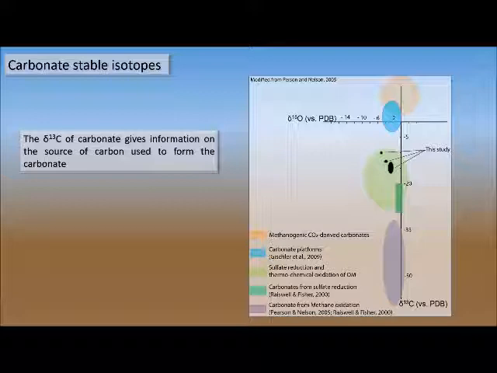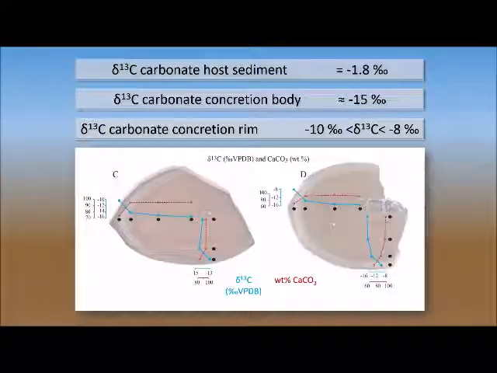So let's look at it. While the host sediment has a value of minus 1.8 per mil, which is a very typical marine carbonate value, the concretion body, the inner parts here and here, have a value of minus 15 per mil, and the concretion rim is slightly more enriched with a value between minus 10 and minus 8 per mil.